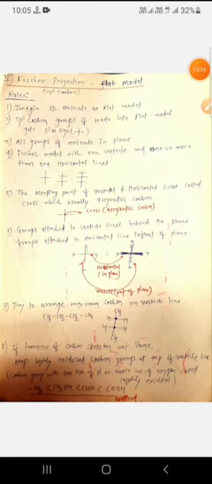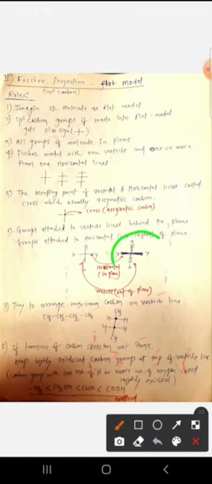But in some position, if I rotate this carbon molecule, we can have a structure like this also, where all the groups are out of plane. Two groups are in front of the plane and two groups are away from the observer, or below the plane.